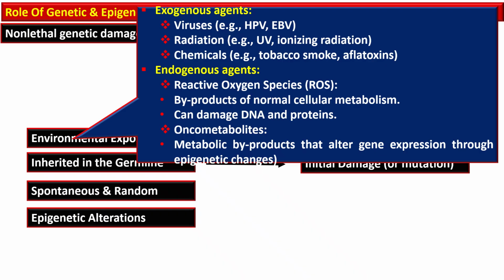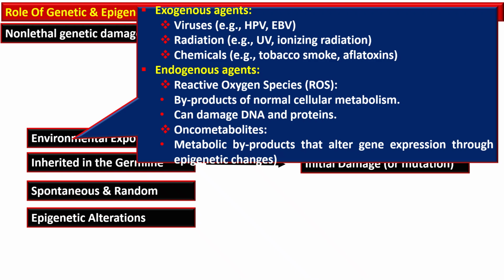Then chemical exposure such as tobacco smoke and aflatoxin are also exogenous agents that cause genetic damage. Internal or endogenous agents are reactive oxygen species that are byproducts of normal cellular metabolism and that damage the DNA and protein.